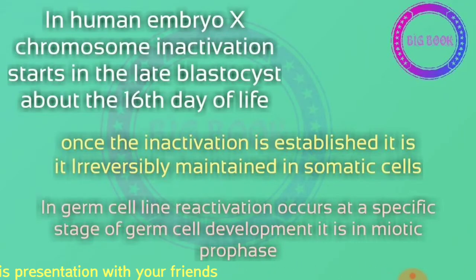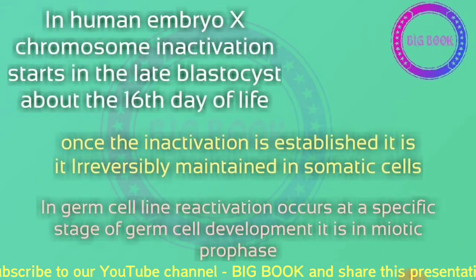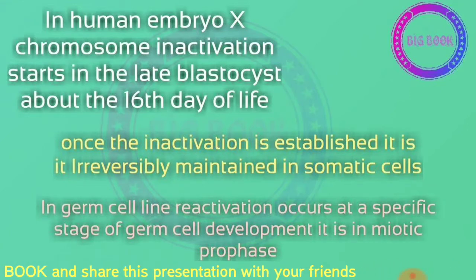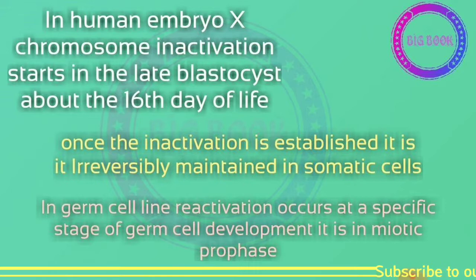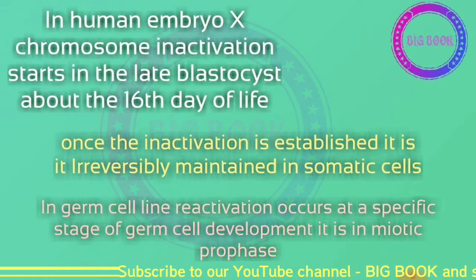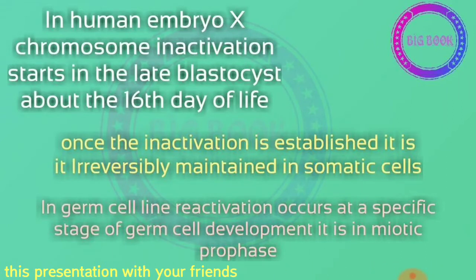In the human embryo, X chromosome inactivation starts in the late blastocyst, about the 16th day of life. Once the inactivation is established, it is irreversibly maintained in somatic cells. In the germ cell line, reactivation occurs at a specific stage of germ cell development, in meiotic prophase.